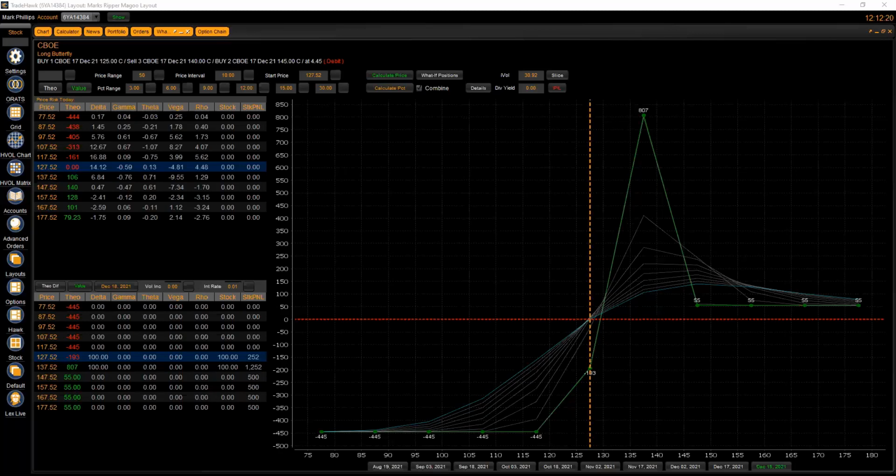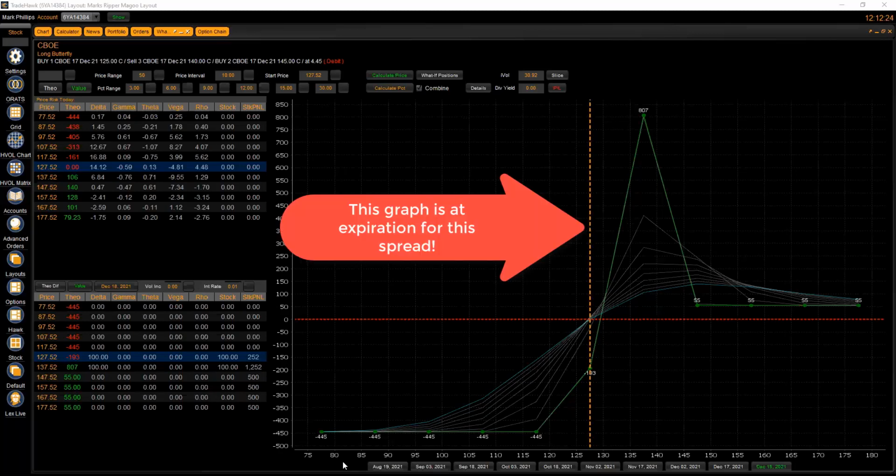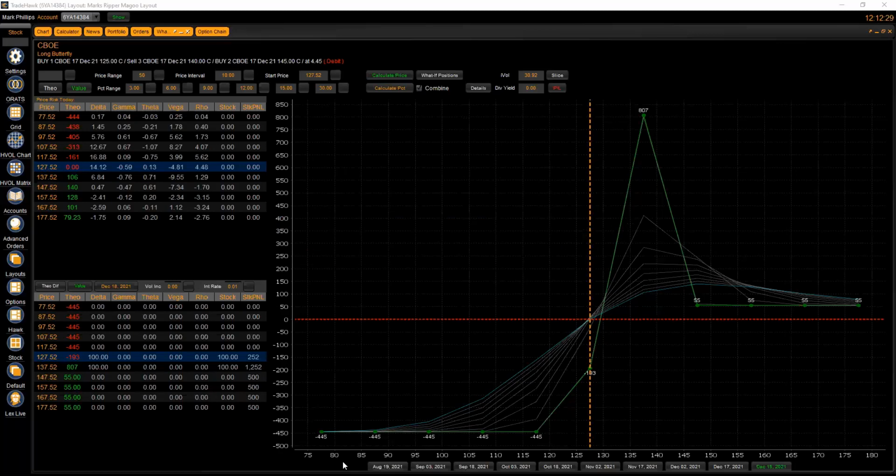Because you're long the decay, you're benefiting from time passing. That's really going to happen at the very end. So December 17th, December 2nd, November 17th, all of that value accrues weighted towards the end, right up towards expiration.